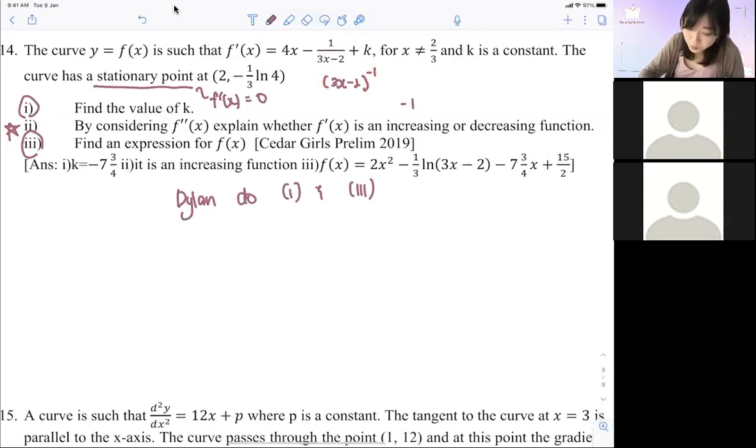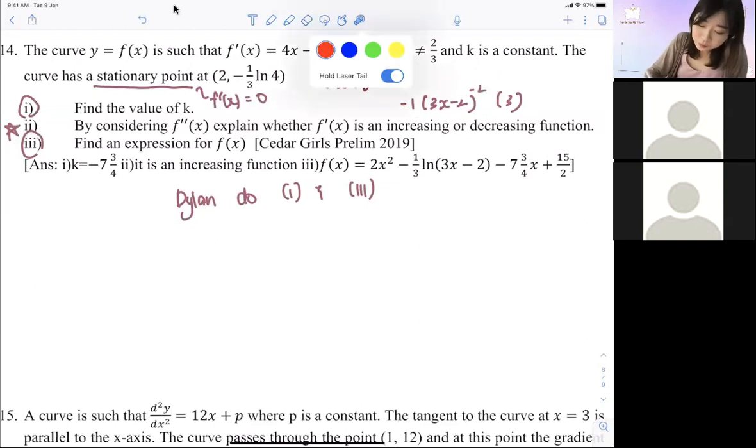Wait, what happens if it's 1, will it become 0 or do you make it ln? Okay, don't confuse integrate with differentiate now.